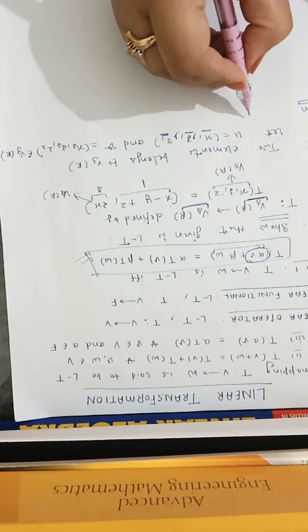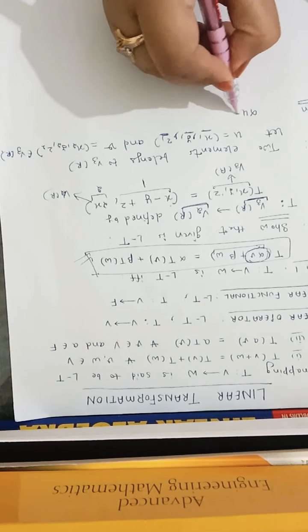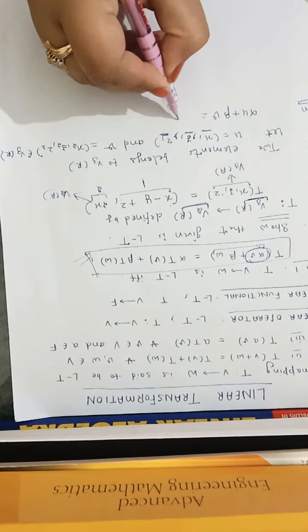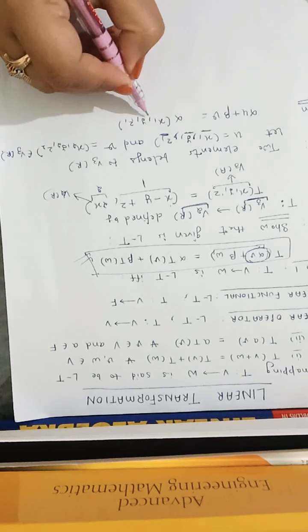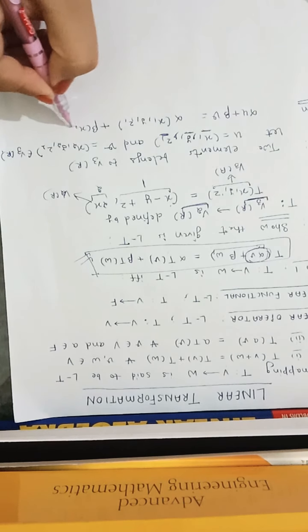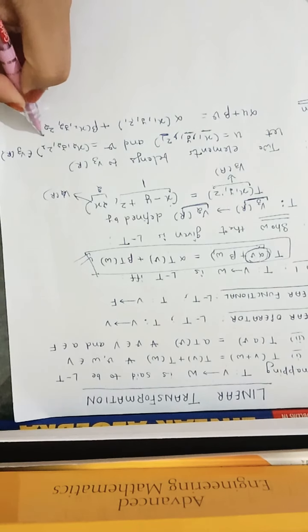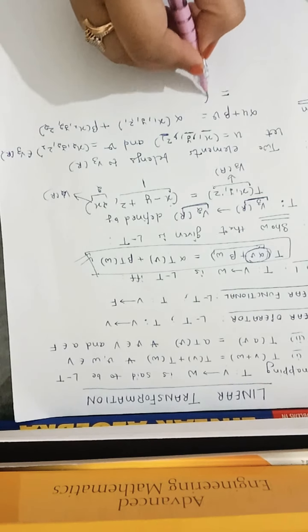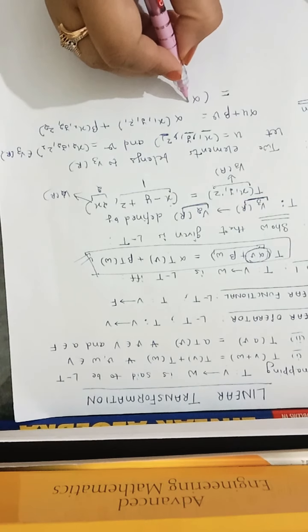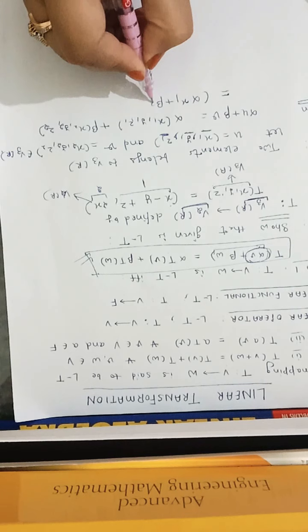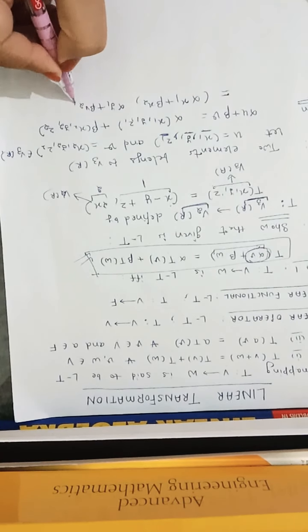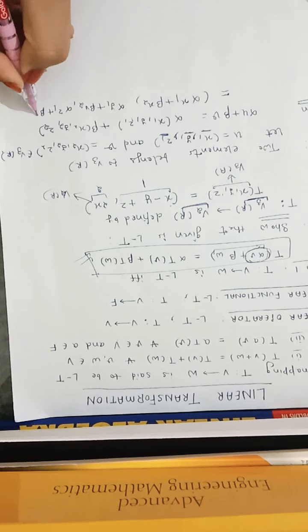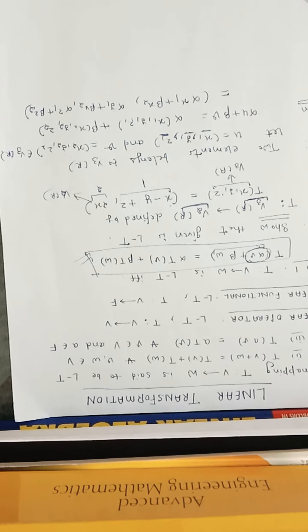Then take the left hand side, that is alpha u plus beta v, that is alpha of (x1, y1, z1) plus beta of (x2, y2, z2). This gives you a simple scalar multiplication: (alpha x1 plus beta x2, alpha y1 plus beta y2, alpha z1 plus beta z2).